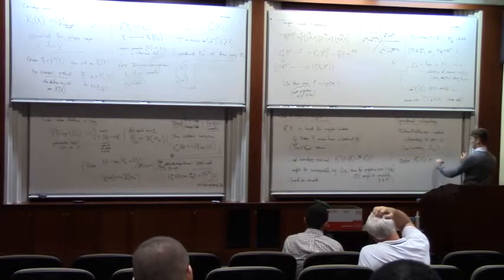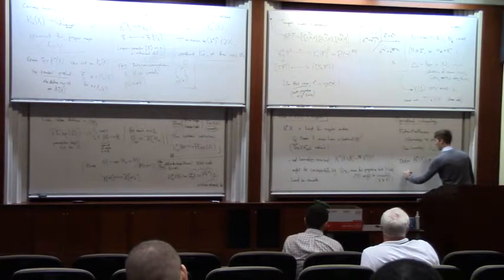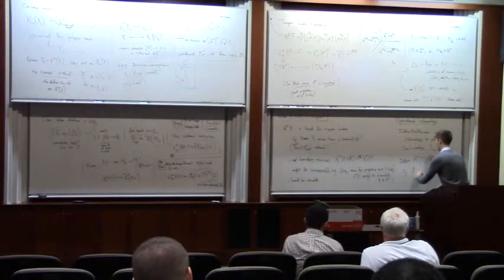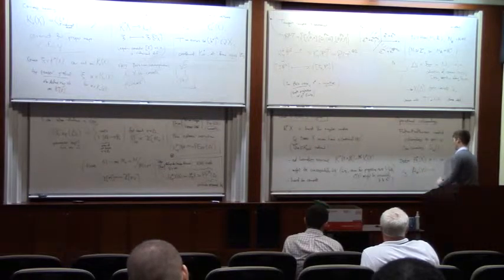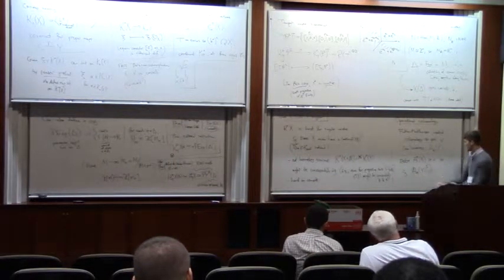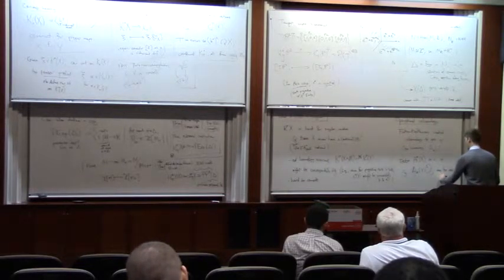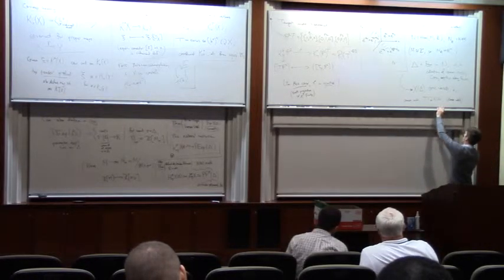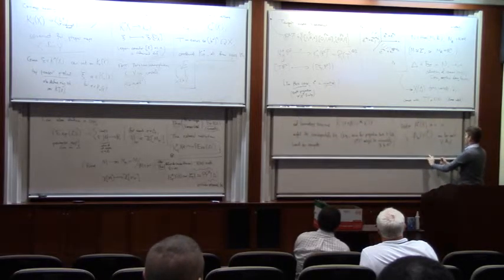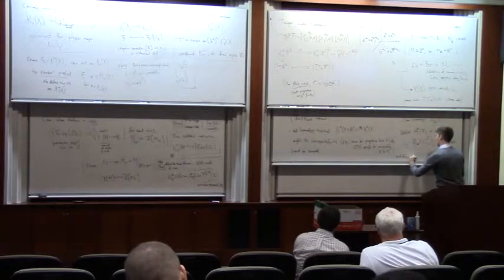So I'll just tell you what an element of this is. An element of this is a tuple of operators, sorry, of endomorphisms of homologies, one for each map of a variety Y into X, satisfying some compatibilities.